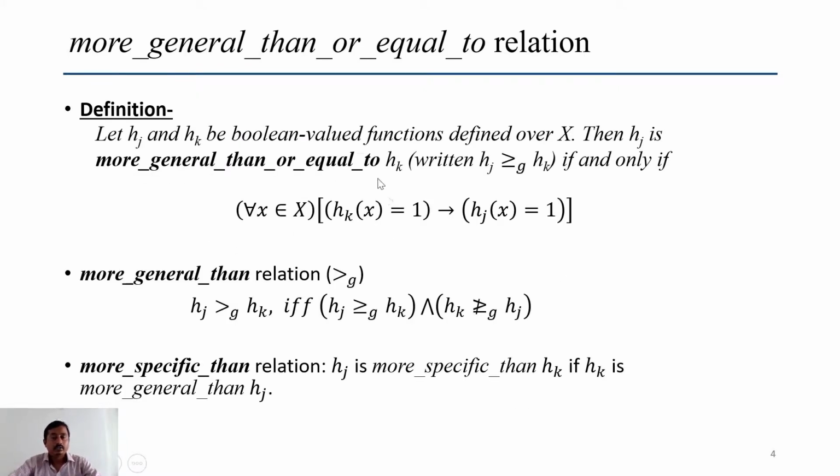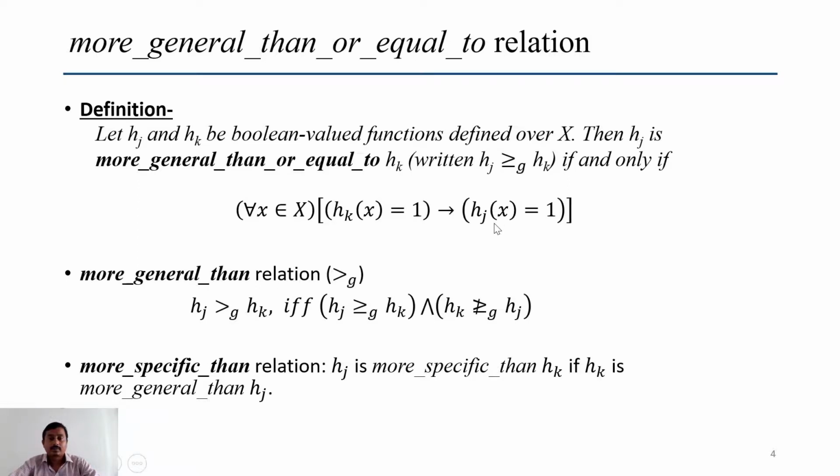We have seen this definition in the previous lecture also, but let us revise it. Let hj and hk be boolean valued functions defined over X. If you remember, X is the set of instances. Then hj is more general than or equal to hk, denoted by this symbol, if and only if for all instances, if the instance satisfies hk, it also satisfies hj.